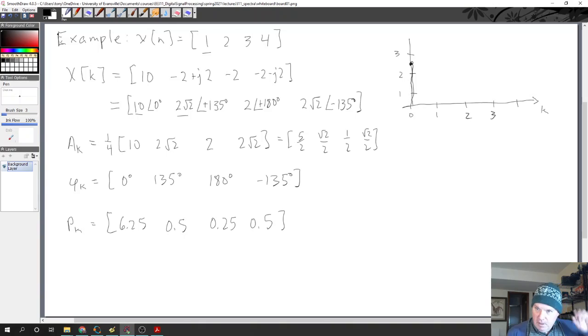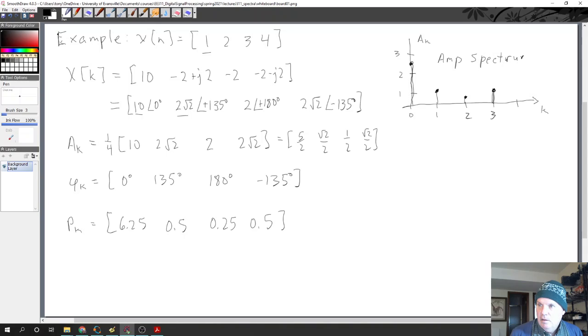Square root of 2 over 2, that's going to be 1 over 1.414, 0.707. So that's actually going to be less than 1 here. That would be this element. And then the next element is going to be 0.5, so it's going to be about right there. And then the third element would have the same magnitude, about 0.7. So it's going to have the same amplitude as A of 1 and A of 3, because these are my A of k, this is my amplitude spectrum, a plot of that.